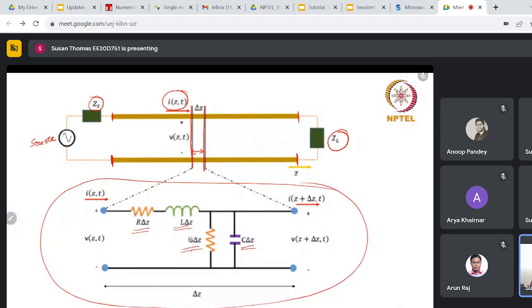Can you tell why this capacitance exists in, say for example, a coaxial line? Coaxial is, as you all know, a center conductor and an outer conductor. So where does this capacitance come into the picture in case of a coaxial line? Or why is there a capacitance?